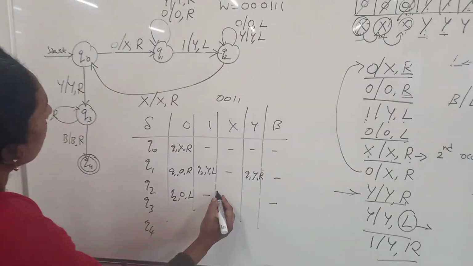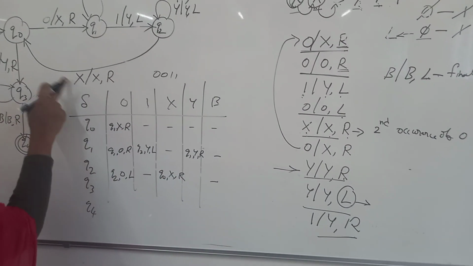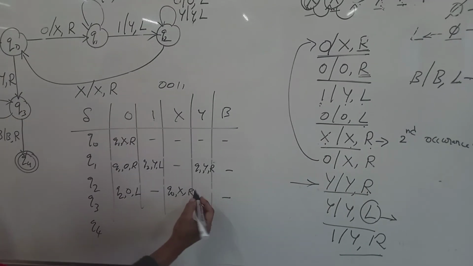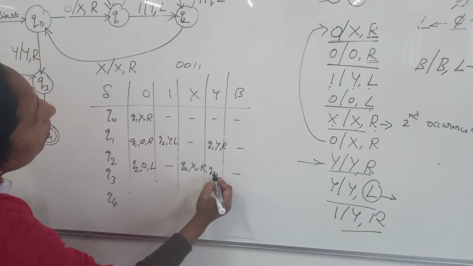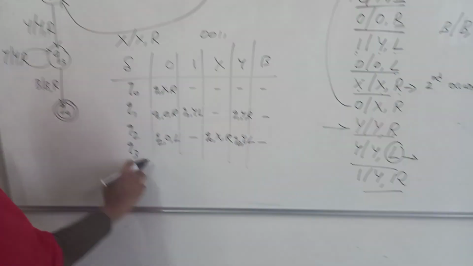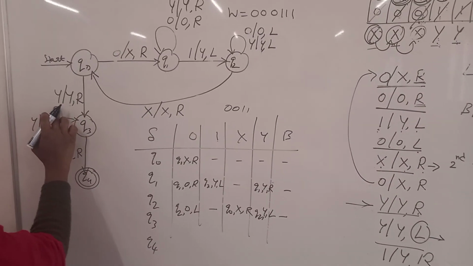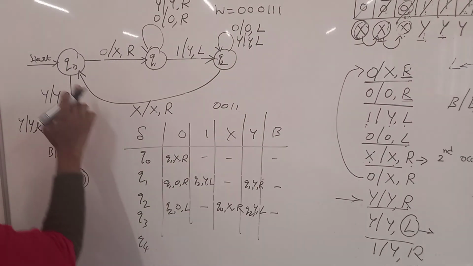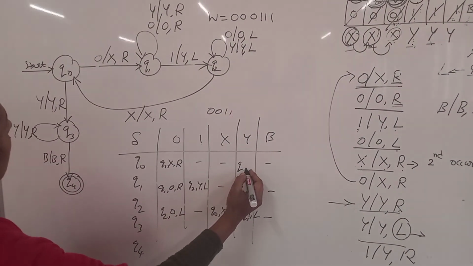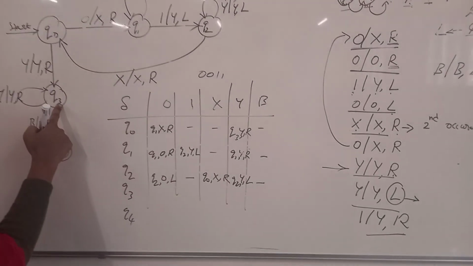For x in Q2, we go to Q0, retain x, and move to the right side.